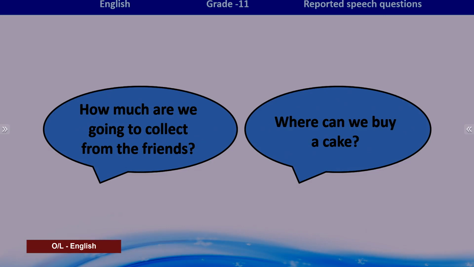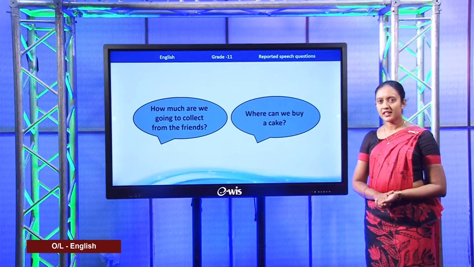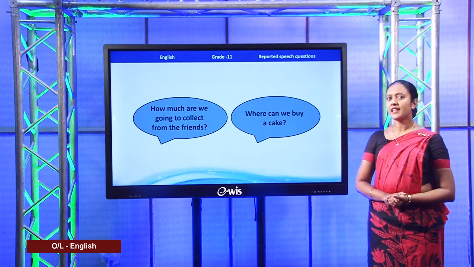These are the questions I have taken from the previous conversation. Look at these questions. How much are we going to collect from the friends? Where can we buy a cake? So children, can you see any difference in these questions? Are they similar to the earlier ones?